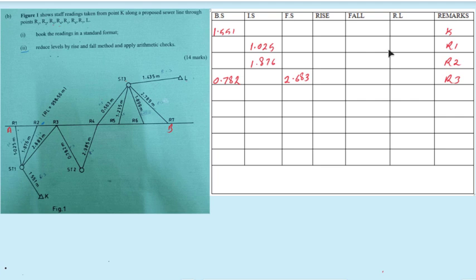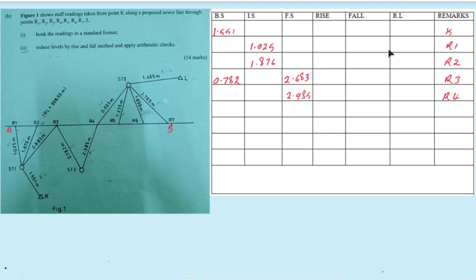0.782. Then, immediately we are through with that, we go to the next reading, after we set the instrument at station 2, and we have the foresight of 2.985. This is at reduced repo at point 4.